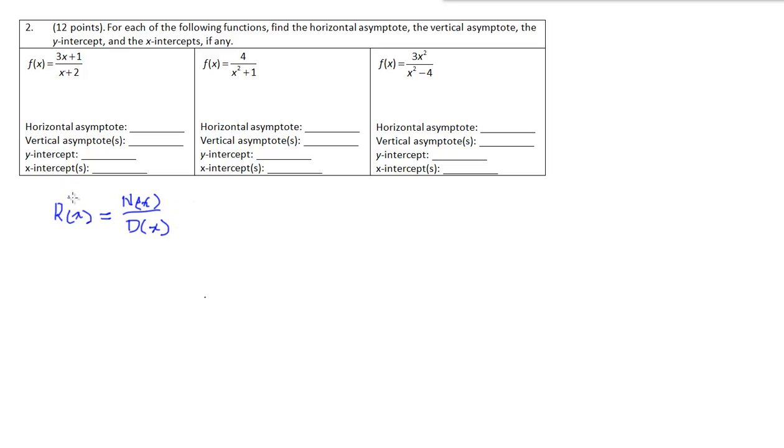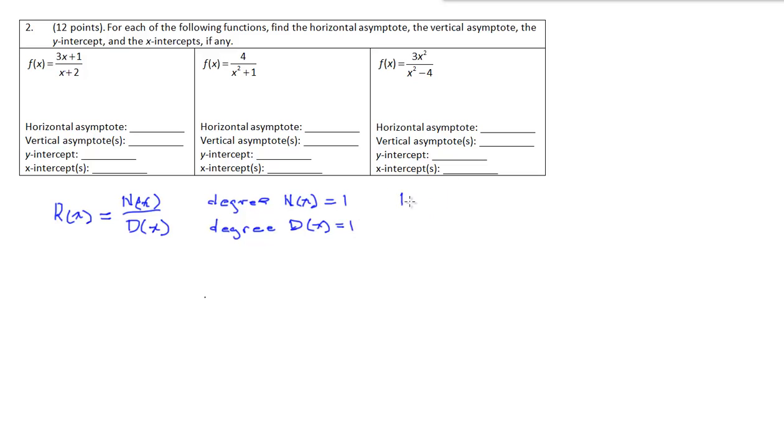So in this case, the degree of the numerator in problem 1 is 1. It's to the first power. And the degree of the denominator in this problem is also equal to 1.